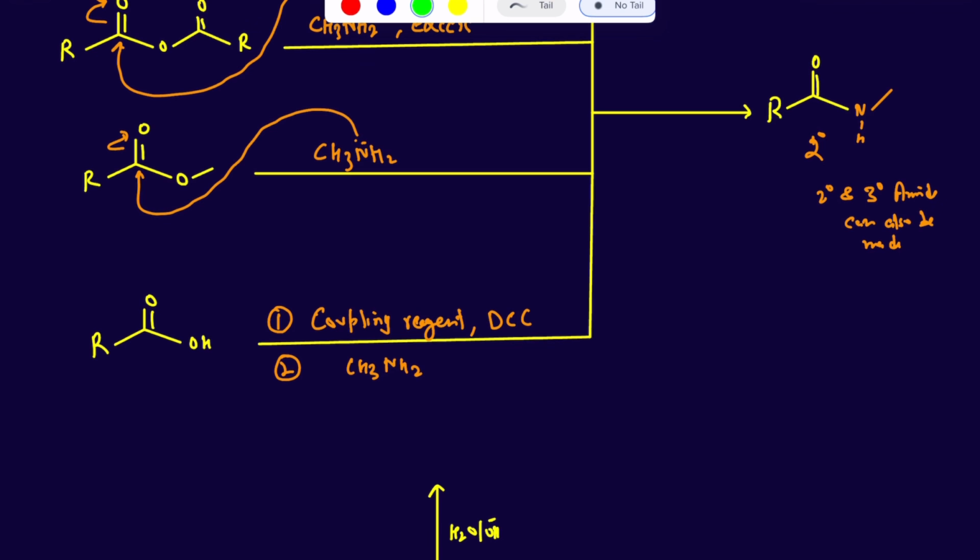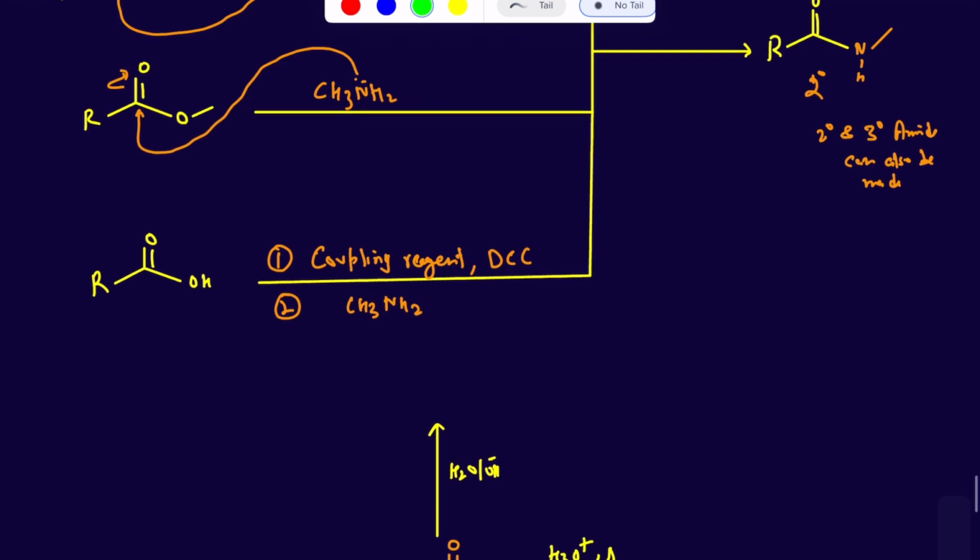So remember that to form amides from carboxylic acids, a coupling reagent is typically used. The most common one is DCC, but remember, this is really not the only coupling reagent. There are so many out there. And in sophomore organic, you would be seeing DCC written in there as the coupling reagent.